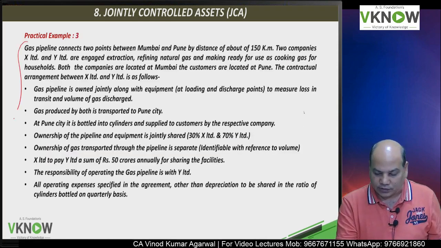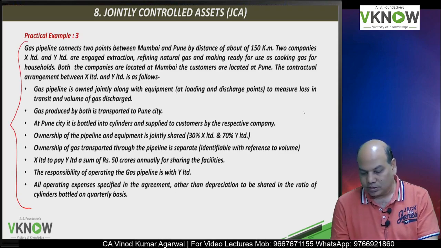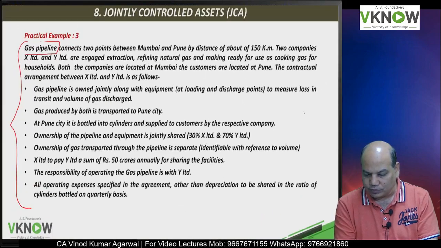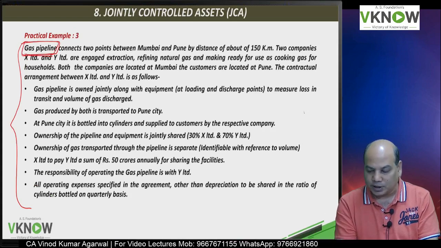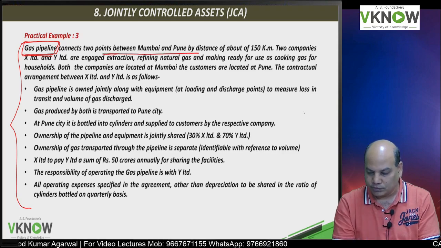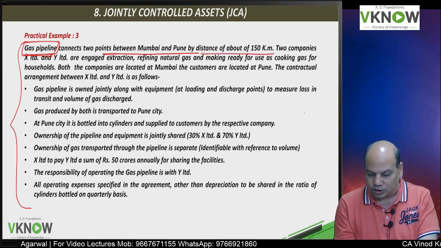One real life example we will take of a jointly controlled asset: a gas pipeline connecting two points, Mumbai and Pune. This is the story of two companies jointly owning a gas pipeline to transport gas from Mumbai to Pune, a distance of about 150 km.